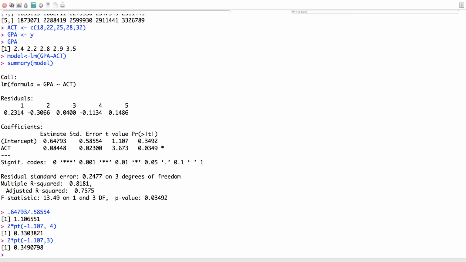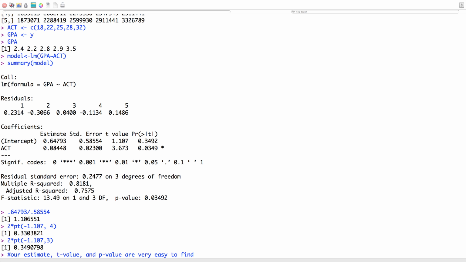And you can see we get the same thing. We have a sample size of 5, so we have to subtract 2 to get our degrees of freedom, because we used estimates for both beta 0 and beta 1 in the calculation of the p-value.